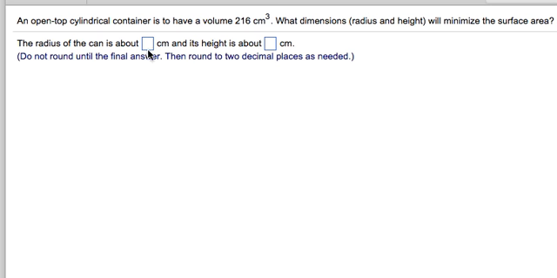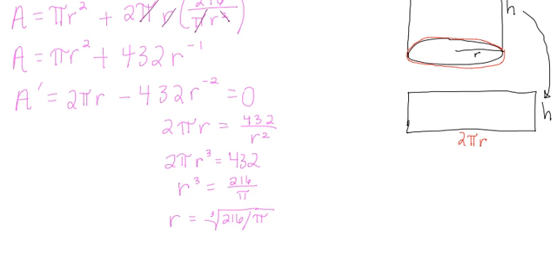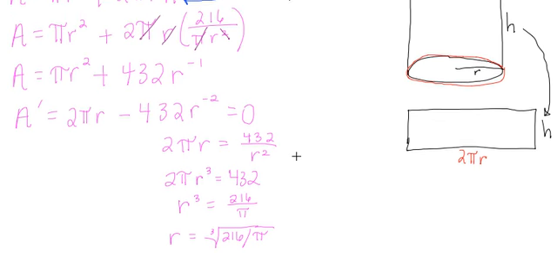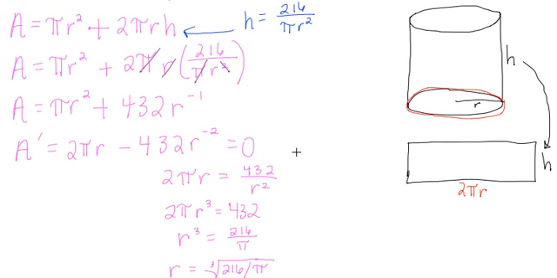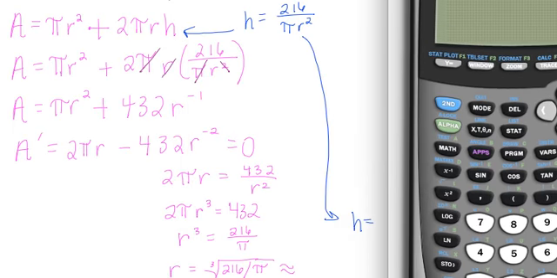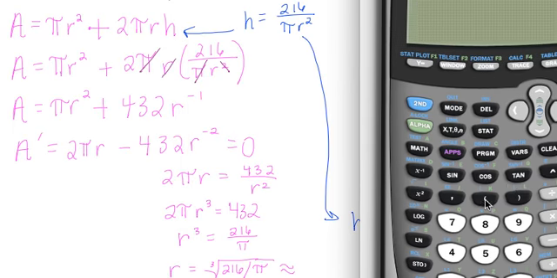And we want the radius and the height. So we need to go find h. Put them both on the screen. Here we go. There's h in terms of r. So probably what I would do is actually approximate r first and then use that value to get h on the calculator. So let's go ahead and approximate r. So r is the cube root of 216 over pi.